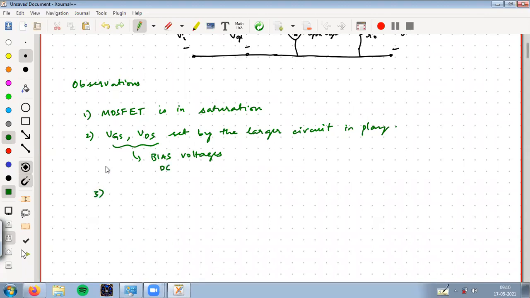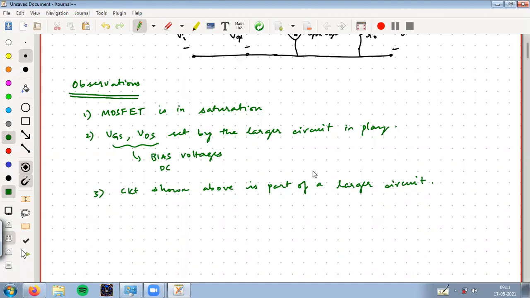The third point is the same thing: the circuit shown above is part of a larger circuit. That is what I wanted to say. So these three observations you should try and understand.